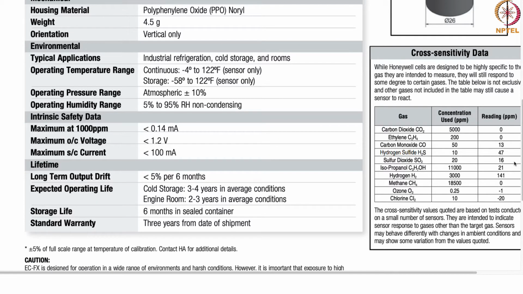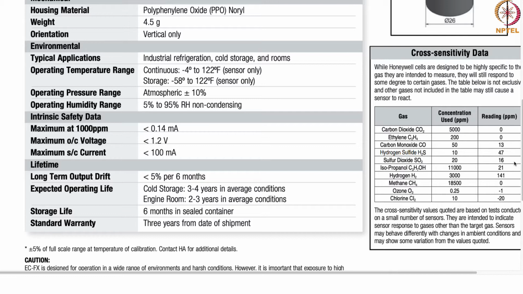In this case, you have what is called cross sensitivity data. It's very, very important that when you're trying to pick up one quantity, you know how sensitive it is to some other quantity. In this case, we are talking about a gas sensor, so you're supposed to pick up only ammonia, but your electrochemical process may be sensitive to other gases as well.